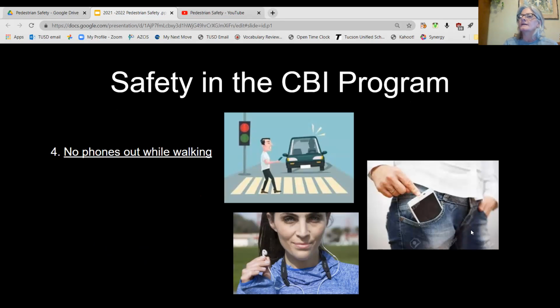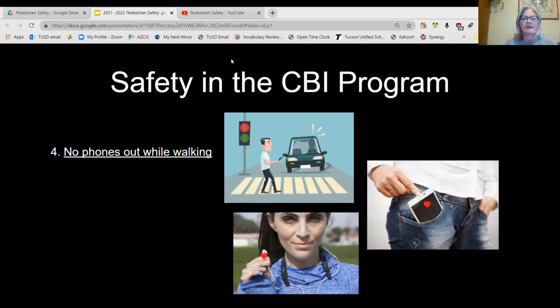One way really not to be safe is not paying attention. So you're gonna put your phone in your pocket. Like this picture right here, he's got the phone in the pocket. You take the earbud out, at least one.